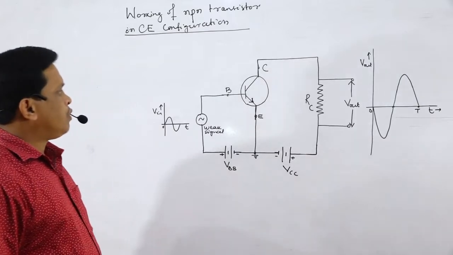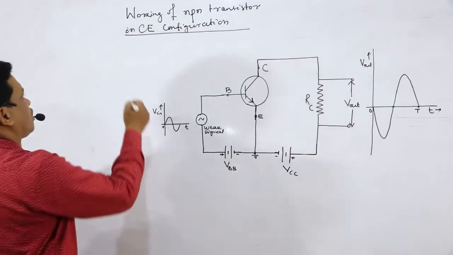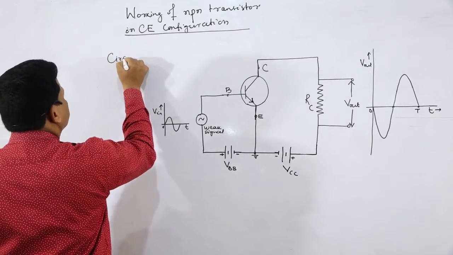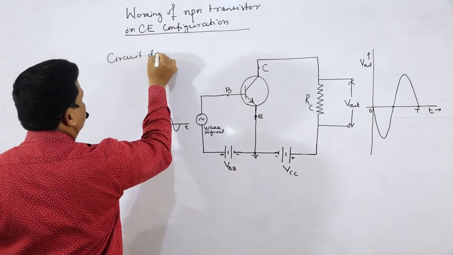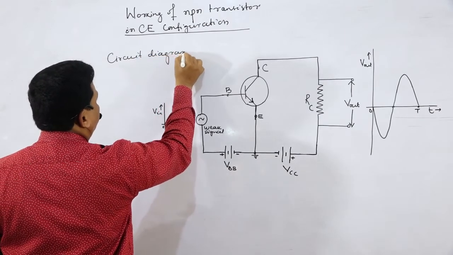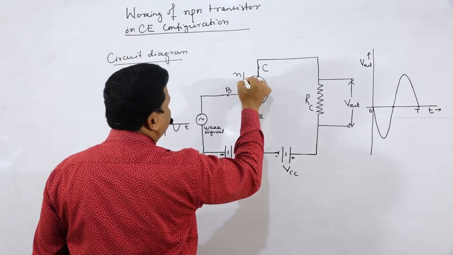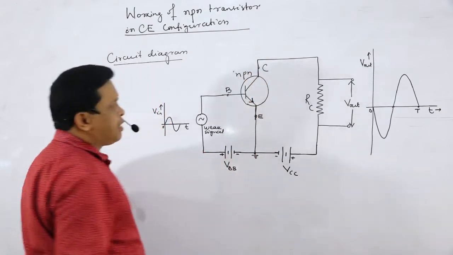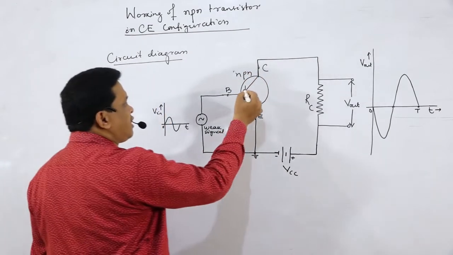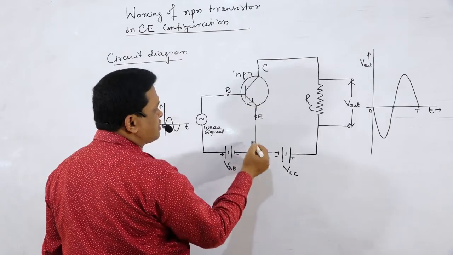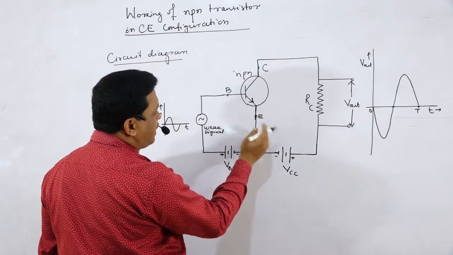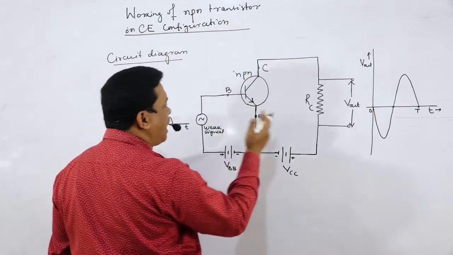So I have shown you the circuit diagram of an NPN transistor. The NPN transistor is in common emitter configuration. Look here, the emitter terminal is common to both input and output.